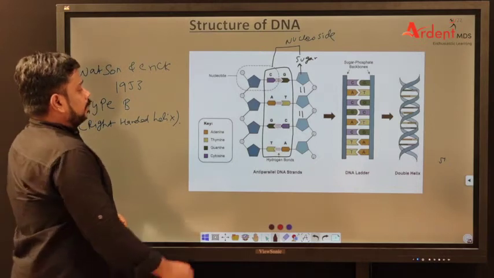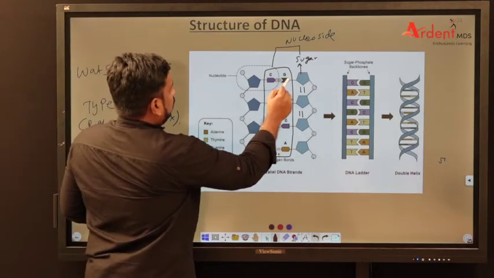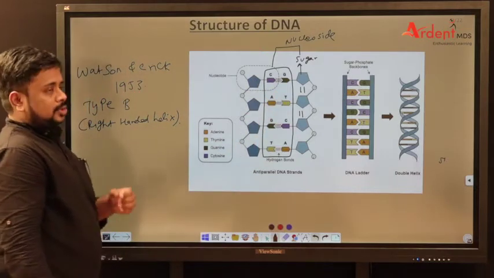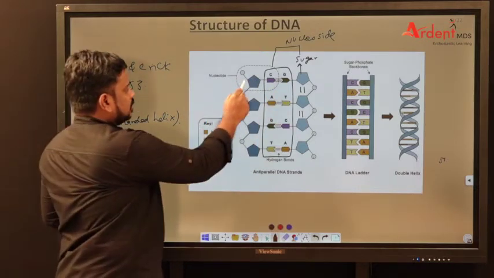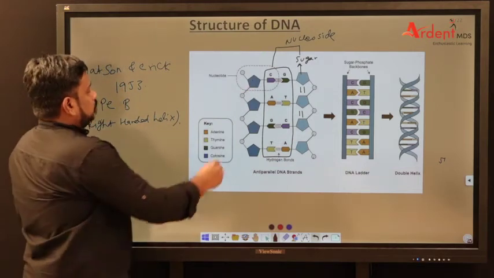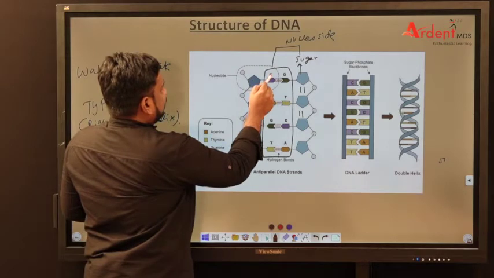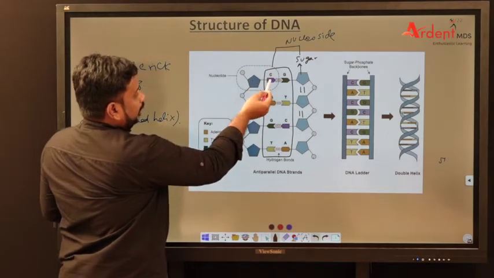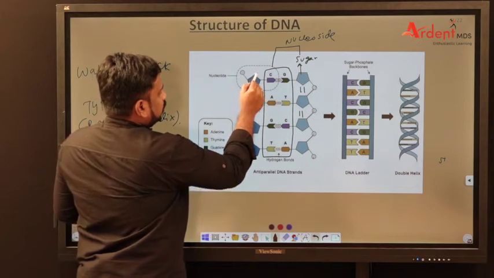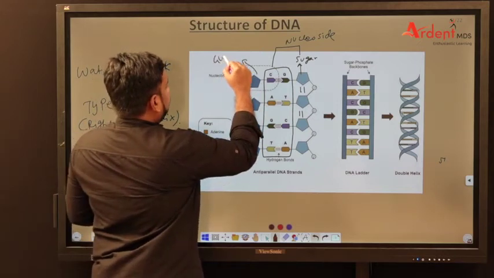And the bond between the nucleoside and the sugar, this is a deoxyribose sugar. Deoxyribose sugar is a pentose. If you see the structure, you can understand it is a pentose sugar. The bond between the nitrogen base and this pentose sugar is a glycosidic bond.